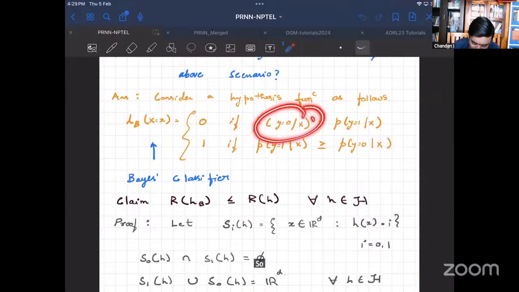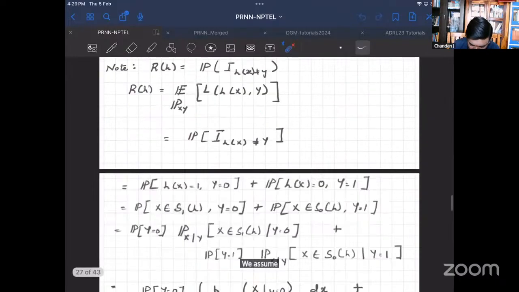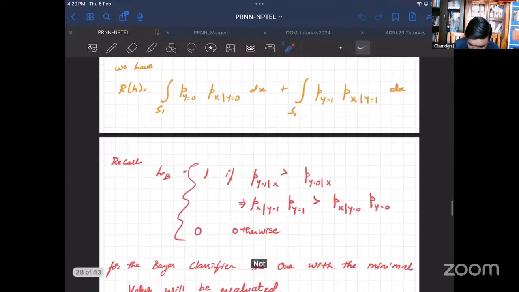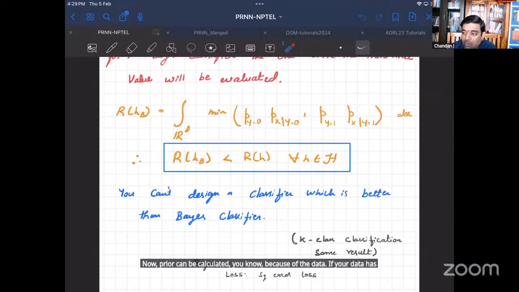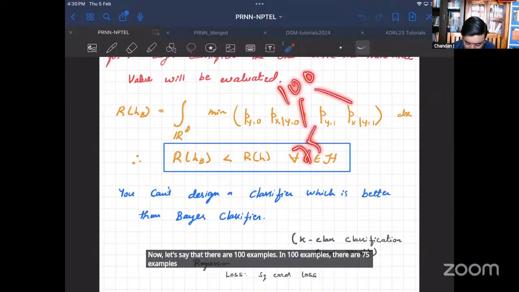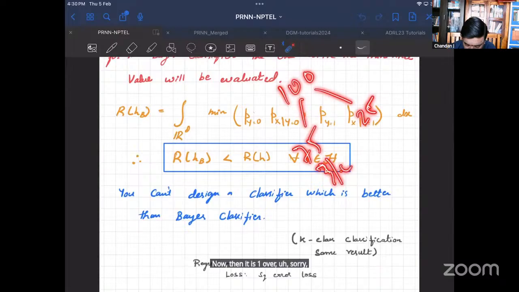We split them into prior and then class conditional. Now the prior can be calculated from the data. If your data has 2 classes, let's say there are 100 examples, 75 for one class and 25 for another, then 3 over 4 is this prior and 1 over 4 is that prior.